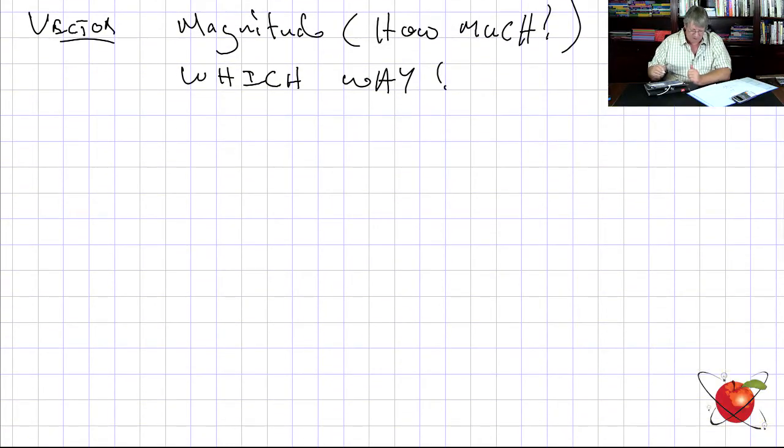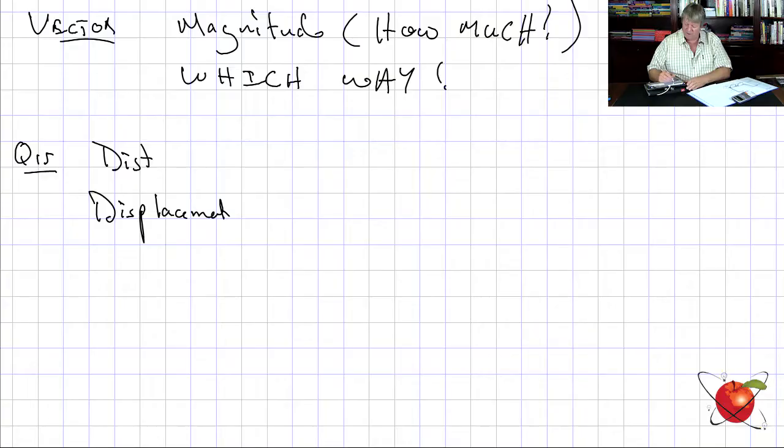What is the difference between distance and displacement? This is question 15. What is distance and what is displacement?